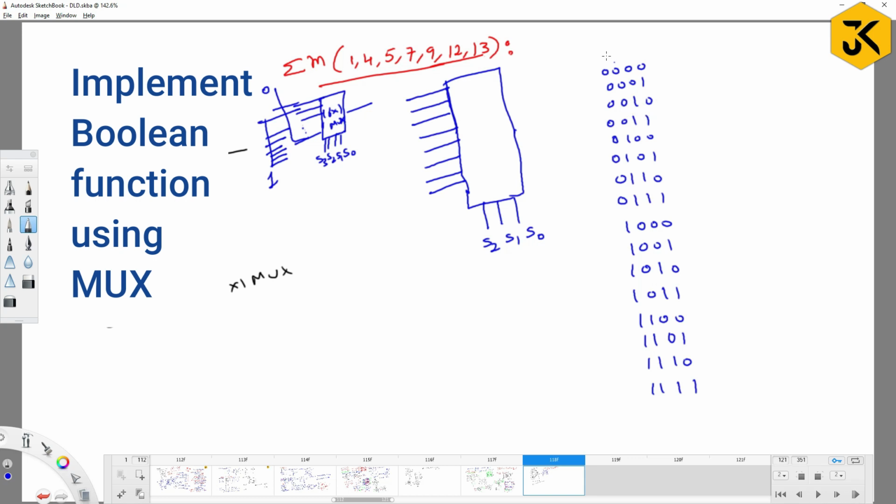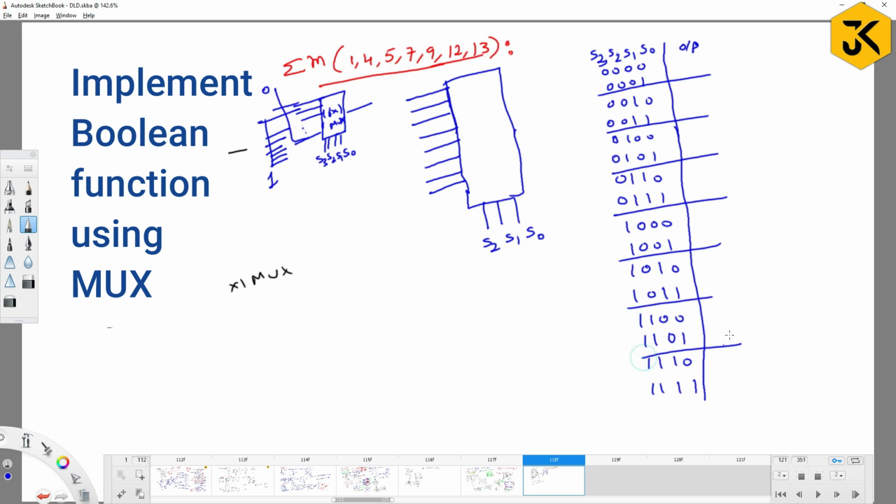These will be S3, S2, S1, S0, and then the output. What is the output you are expecting? When should it be 1? It should be 1 for 1, 4, 5, 7, 9, 12, where 12 is 8 plus 4, and 13. All the remaining are max terms.